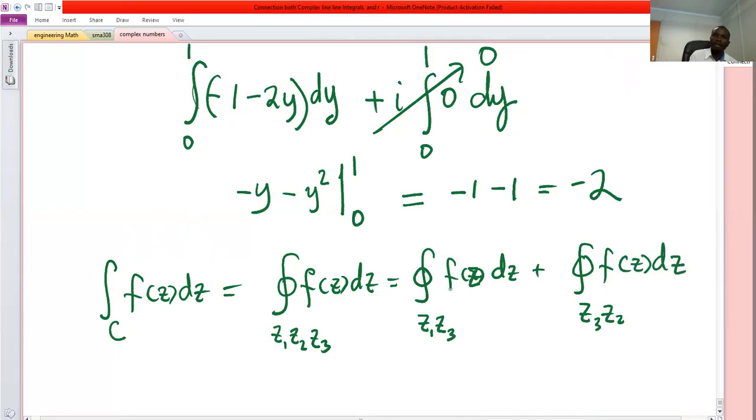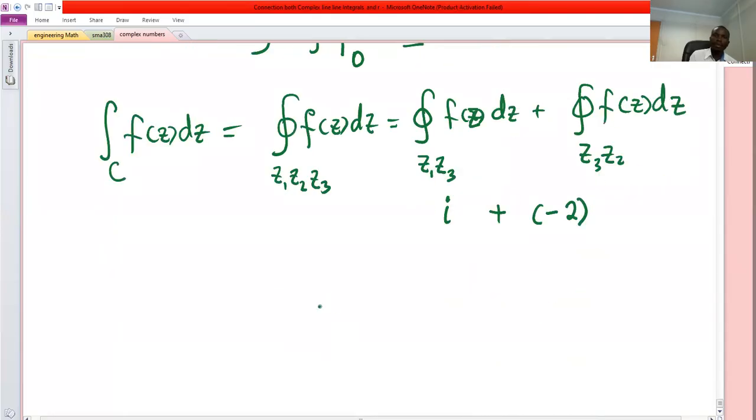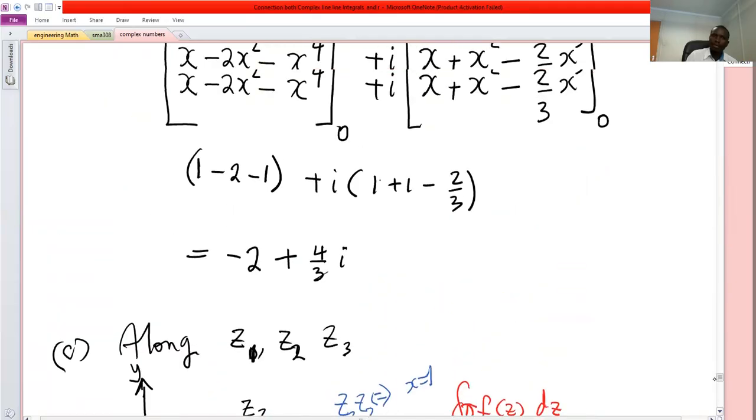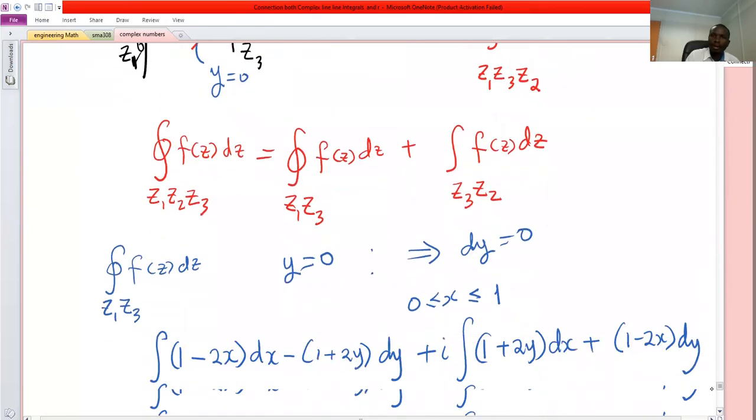This one gave us i, this one has given us minus 2. So which is simply minus 2 plus i.